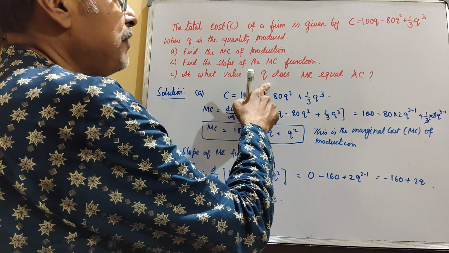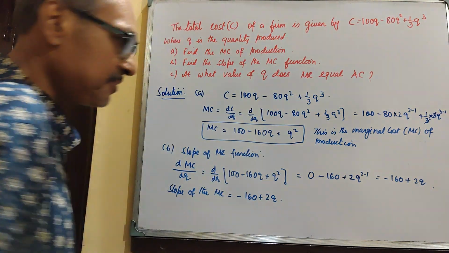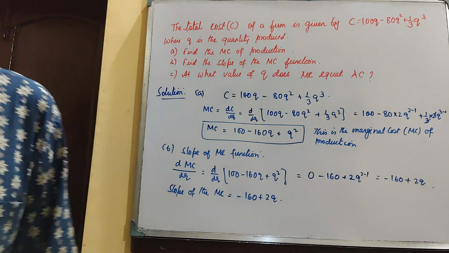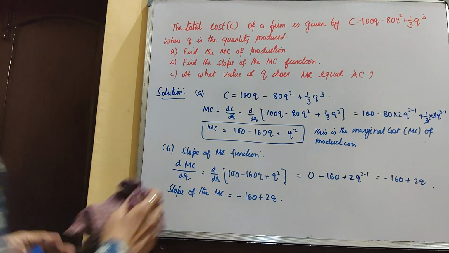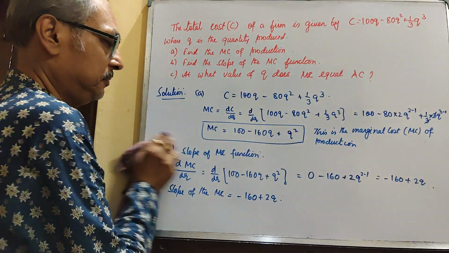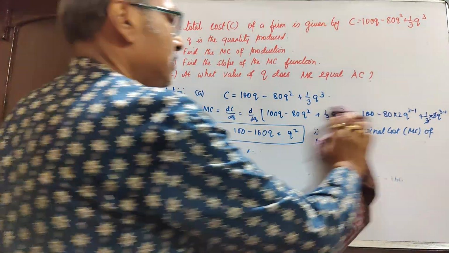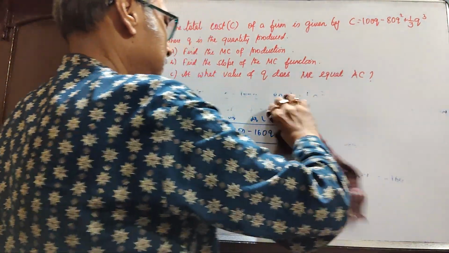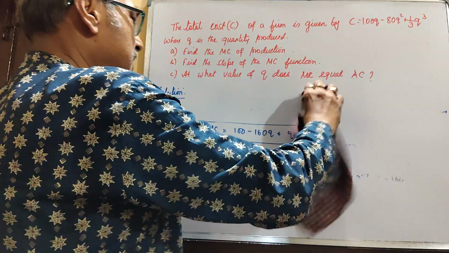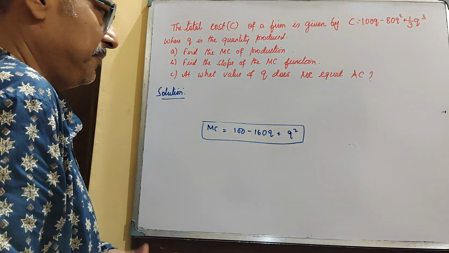Now at what value of Q does MC equal AC? AC is the average cost. First, I write MC here.